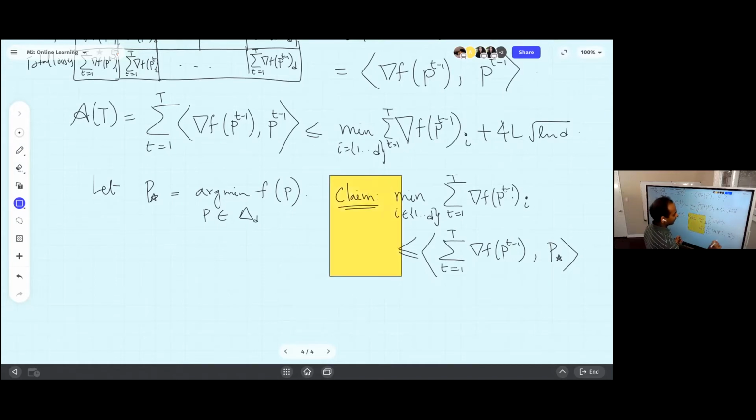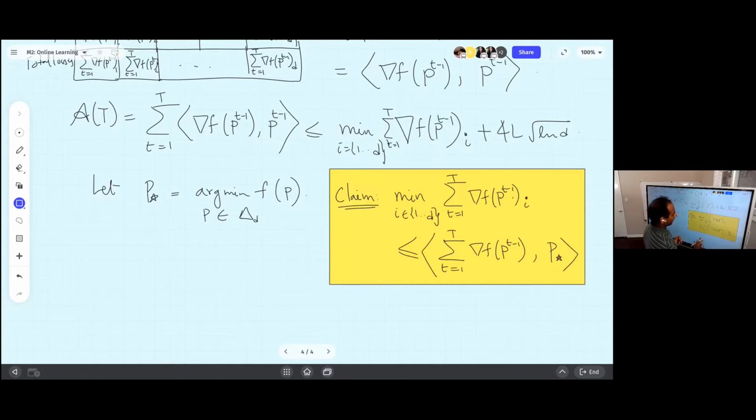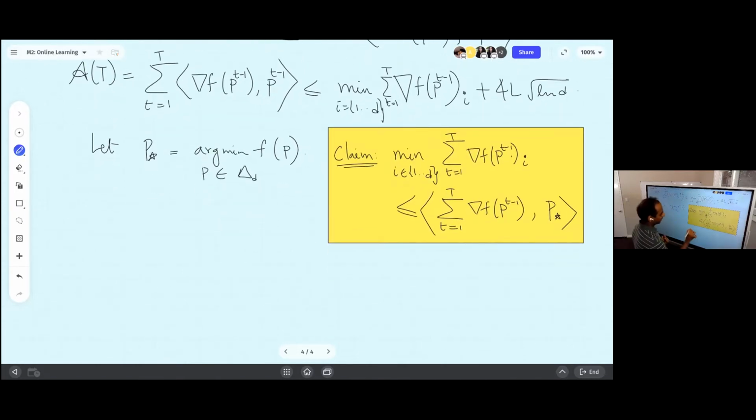So let me write that down here. Proof. Summation t equals 1 to T of the gradient. As I said, this is not really specific to the gradient, so I'm going to just define u as the sum of the gradients.